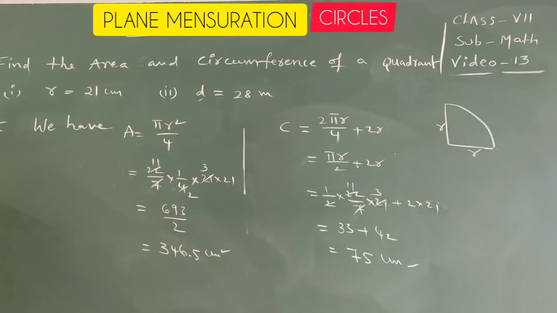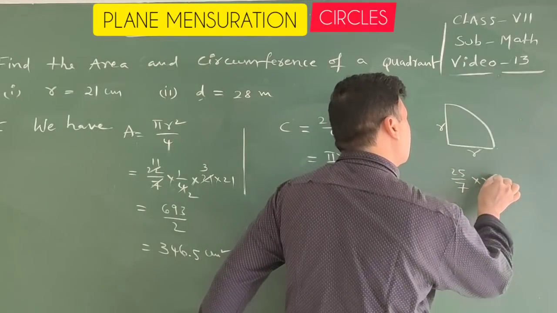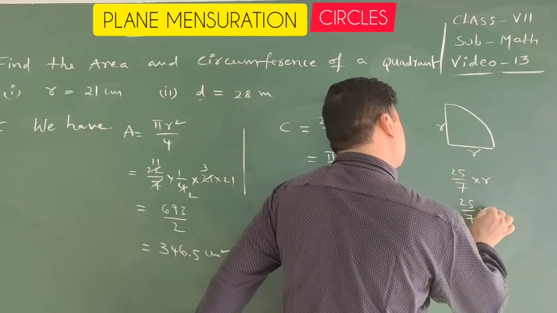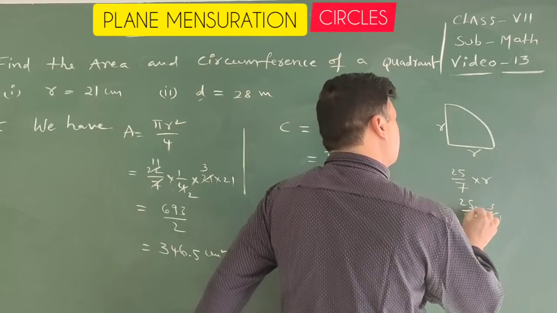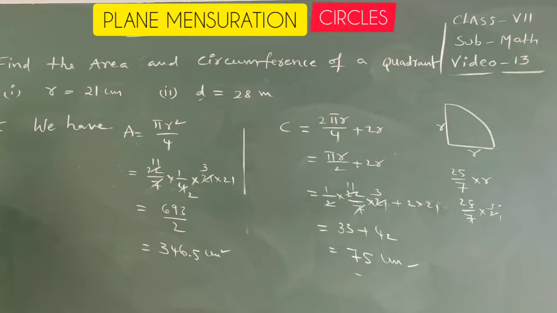Already if you know, 25 by 7 r also you get. 25 by 7 into r. r is 21. 25 by 7 into r means 21.